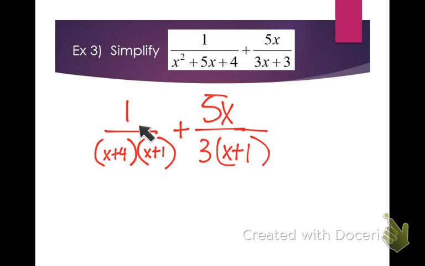So right now, what does our left denominator miss from what's over here? A 3. So on this side, I'm going to multiply that denominator by a 3. But if I multiply the denominator by a 3, I better also multiply the numerator or top by a 3. Now, what is our other denominator missing that the first one has?